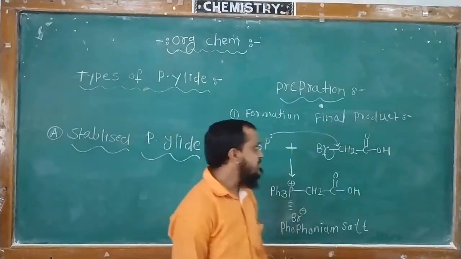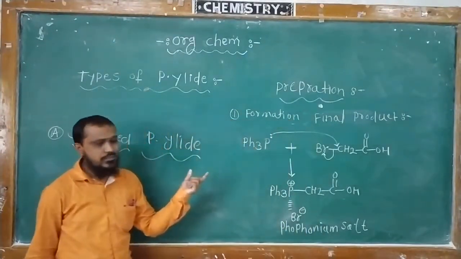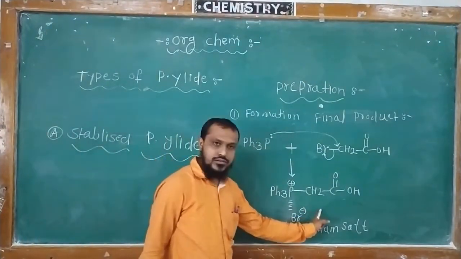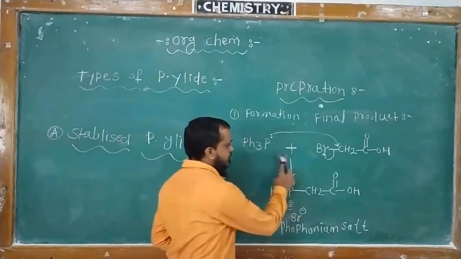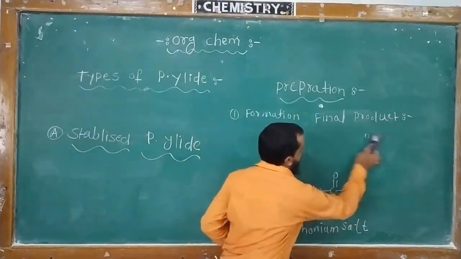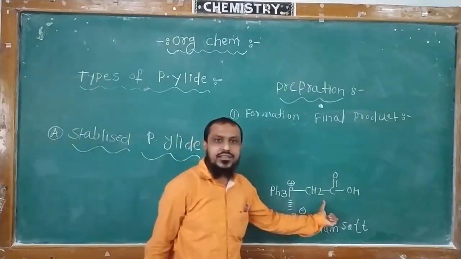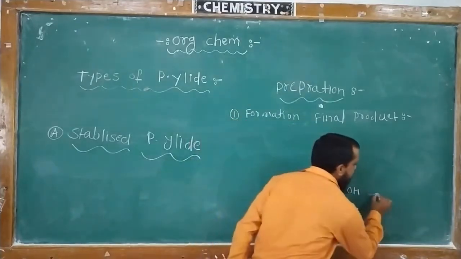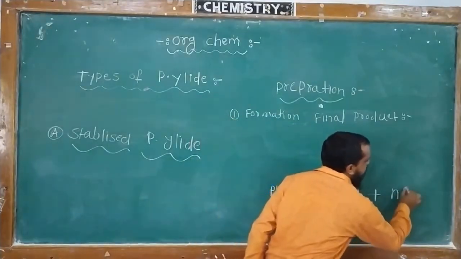In this step, the newly formed phosphonium salt is treated with a strong base. Here I have taken n-butyl lithium as a strong base.